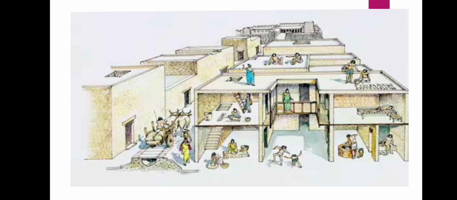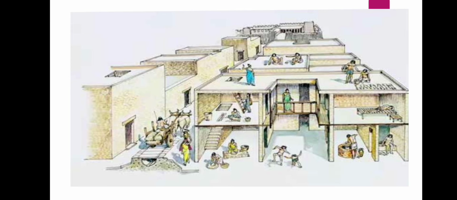Can you see this one? The kitchen is separate, and separate rooms were also constructed during that time, only 4,500 years back. A house usually had a courtyard surrounded by rooms, a kitchen, a water well, and a bathroom. They were built on both sides of the street.